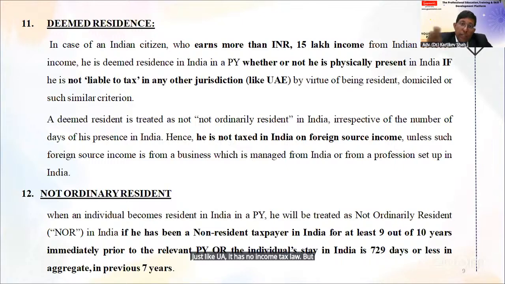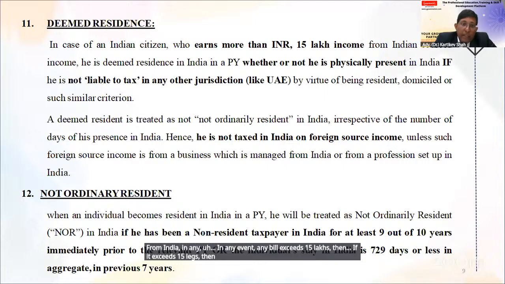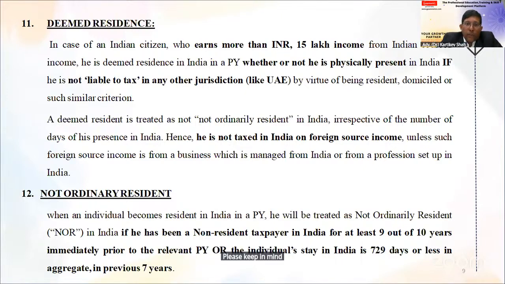But you are staying in UAE and you are earning income from India in any way, and if it exceeds 15 lakhs, then you will be liable to pay tax in India. So this is the concept of deemed resident. It is very important. Please keep it in mind. But a deemed resident is not liable for any tax on foreign source income.